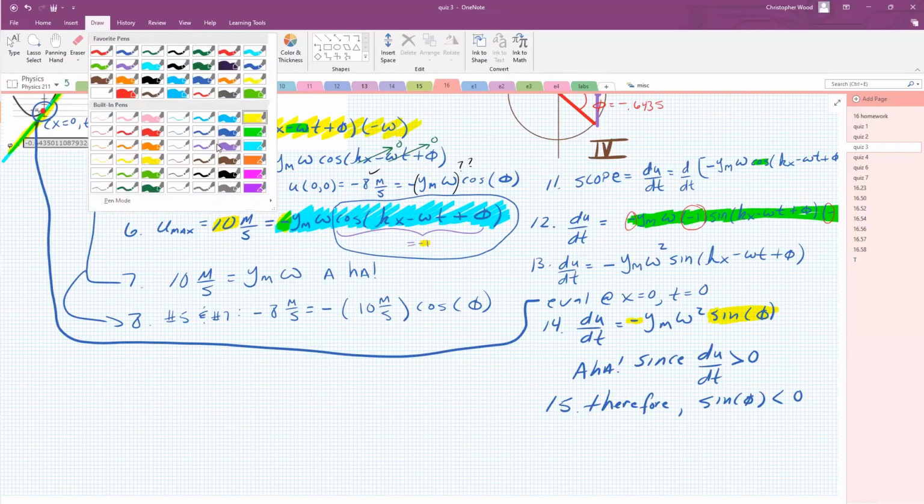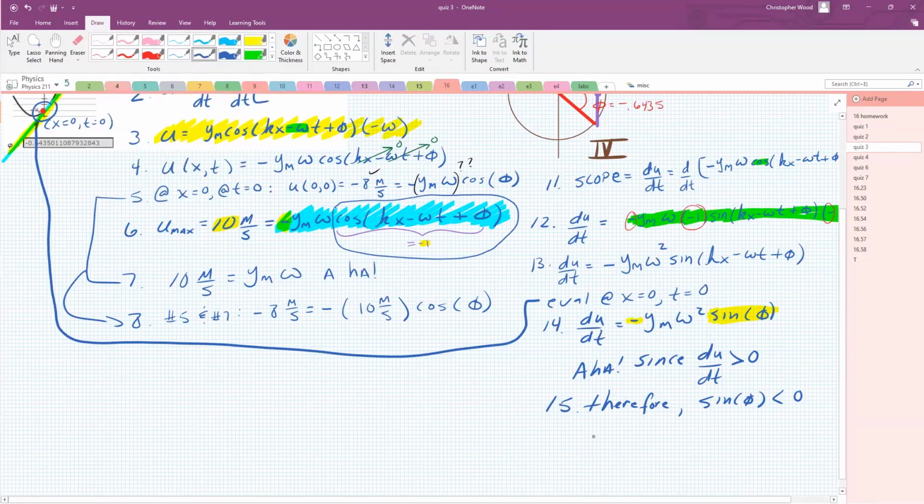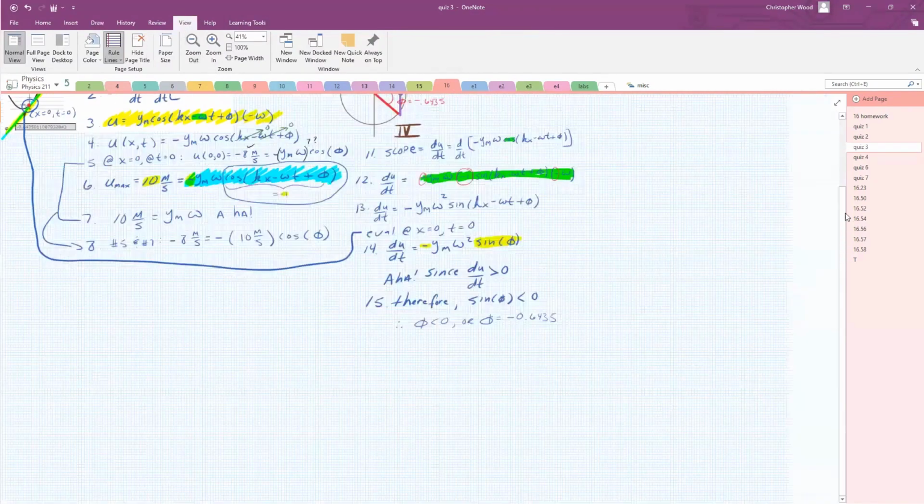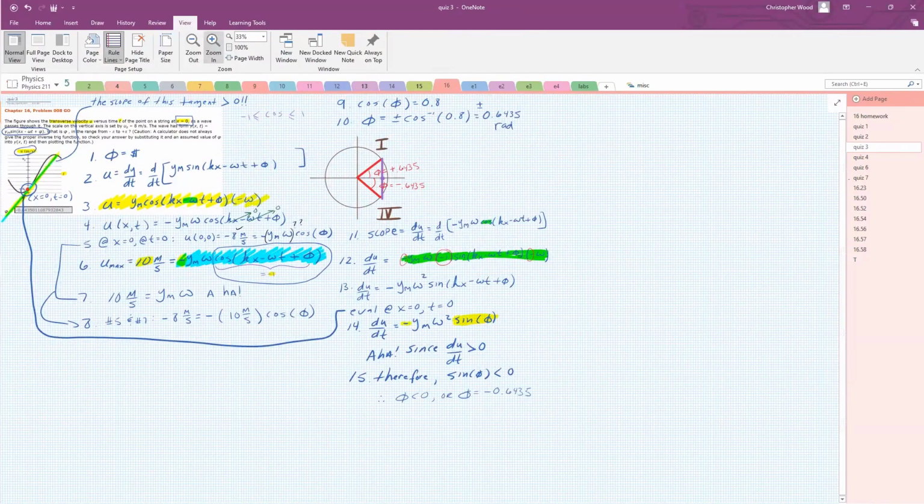So phi is less than 0, or phi equals negative 0.643. Okay. So we spent more time talking about is it positive or negative than we did actually getting the answer, which is good. That's talk about splitting hairs in a good way.